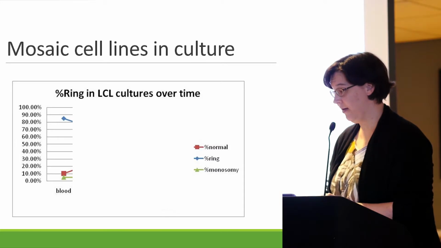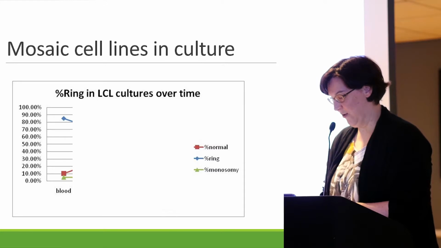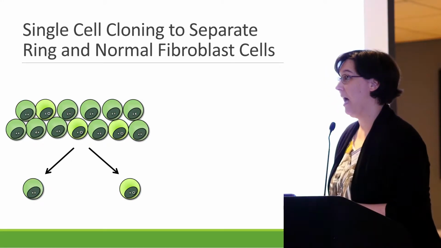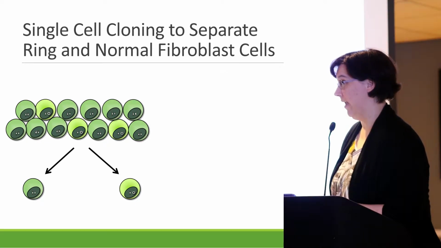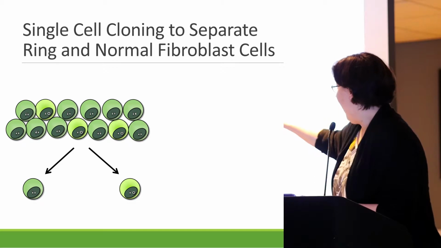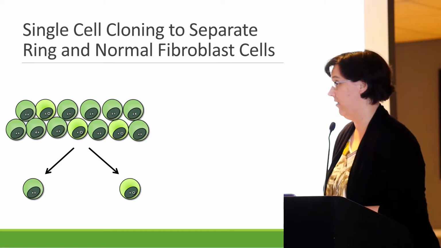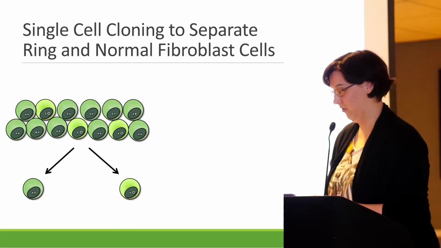So what we tried to do then is, one of the very talented women in our laboratory, Debbie McEldrew, who's very good at tissue culture, spent a lot of time, and we took patients who were Mosaic for the ring, and she managed to get individual cells from these patients to grow up, cultures that were just the ring or just the normal from the same person.